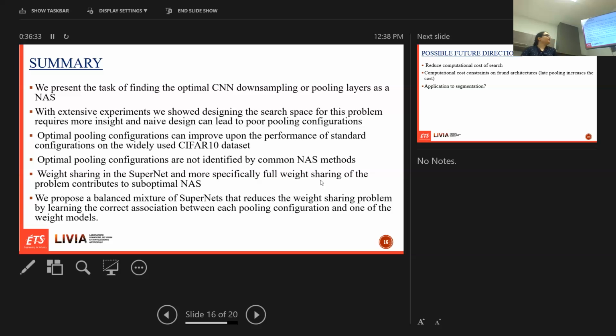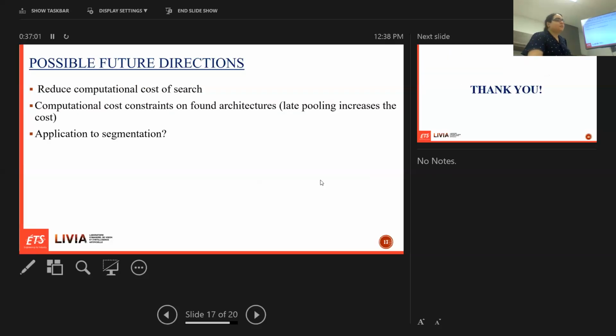And we proposed a balanced mixture of SuperNets that reduces the weight sharing by specializing and associating models to different pooling configurations. So there are some possible future directions. One of them is trying to reduce the computational cost of the search.